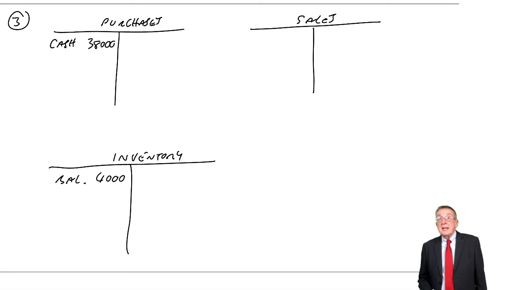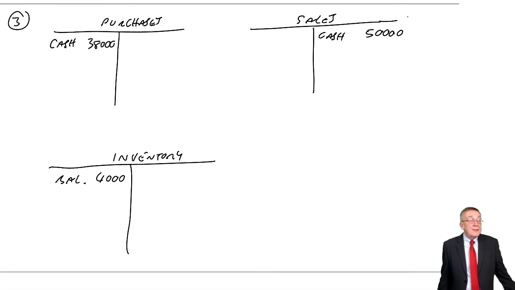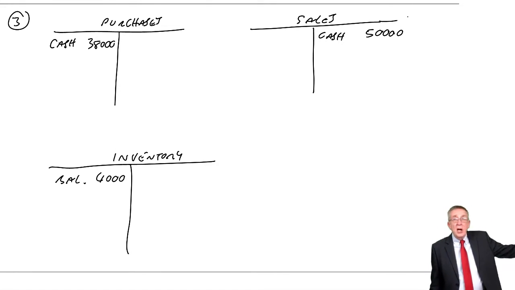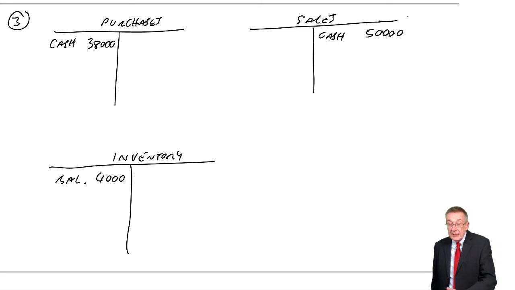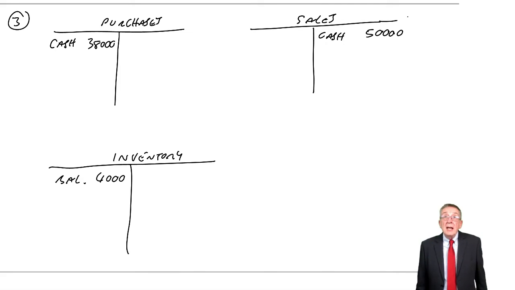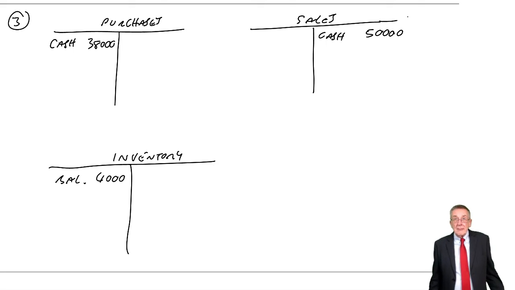We sell goods for 50,000. Debit cash, credit sales, 50,000. That's all the bookkeeper will have done, as in the earlier chapter. And so at the end of the year, those are the balances on the accounts. And note, inventory's been sitting there all year. We put that there at the end of last year, and it's still sitting there at the end of this year.